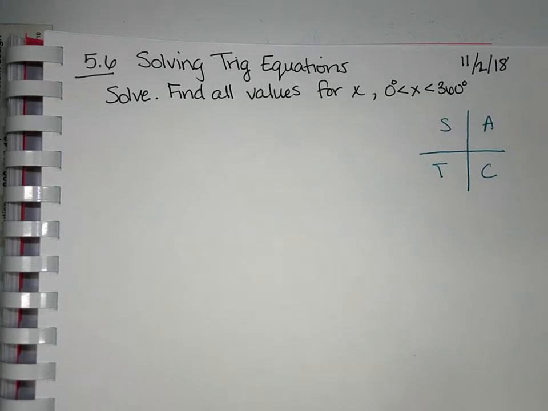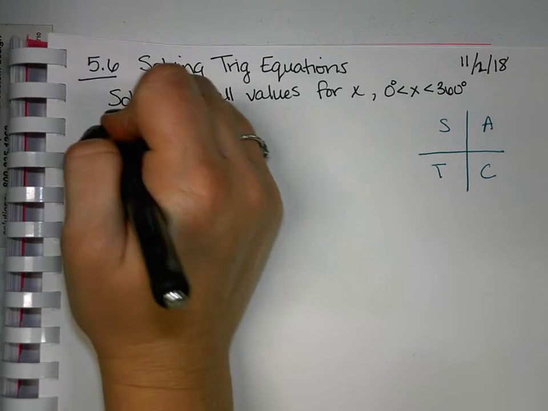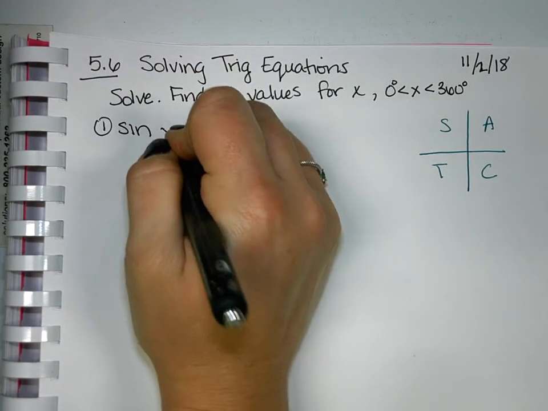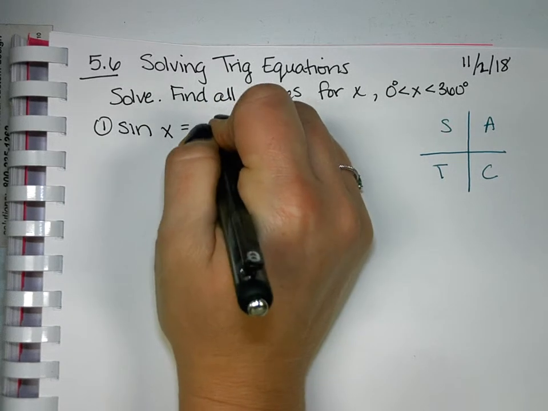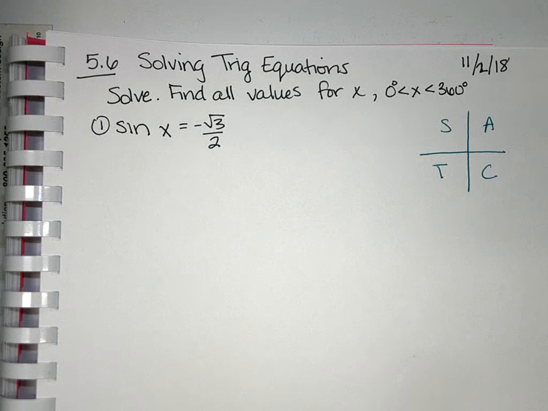So when we go to solve, we're doing it a lot like we did a couple units ago. We're not doing inverse, we're specifically finding all the angles. Inverse and solving are a little bit different, so we're going back not to what we did with arcsine, but to what we did before that, where we had 2 solutions. Just to recap, sine x equals negative root 3 over 2.